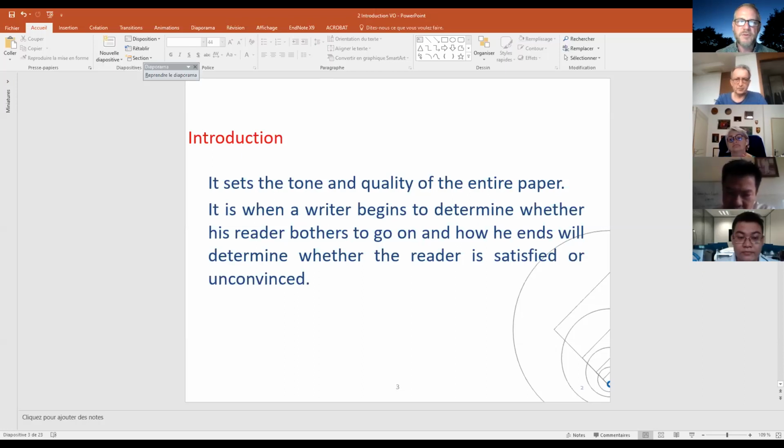So for the reviewer, the introduction is very important. You need to spend a lot of time on the introduction because it will lead the opinion of your reader very quickly. Thank you. Totally.